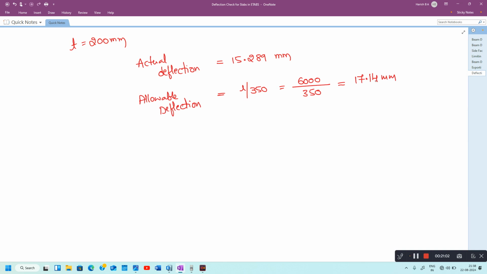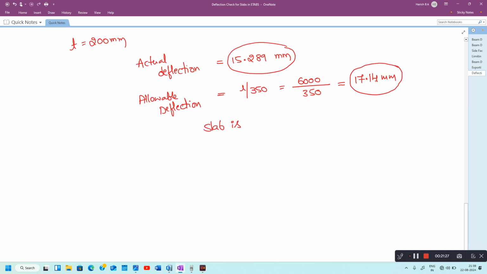Now the code allows the slab to deflect by 17.14 mm, but the actual deflection is 15.29.